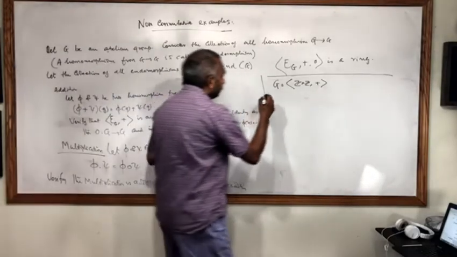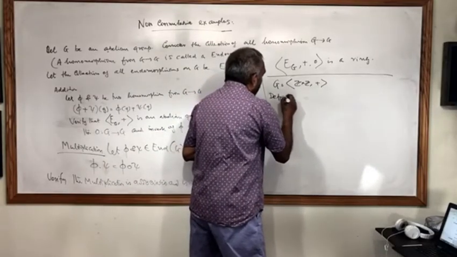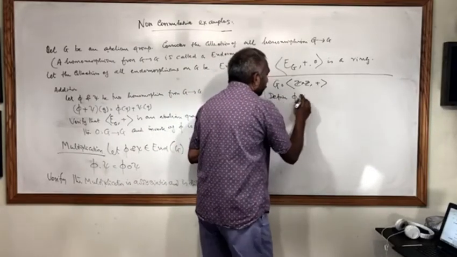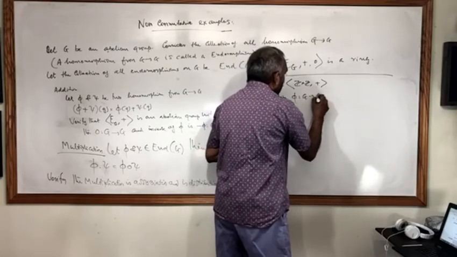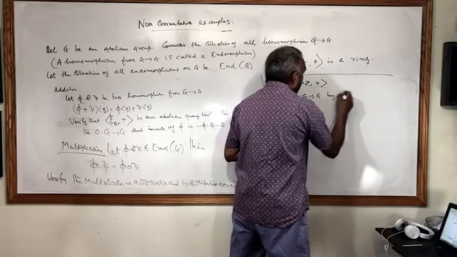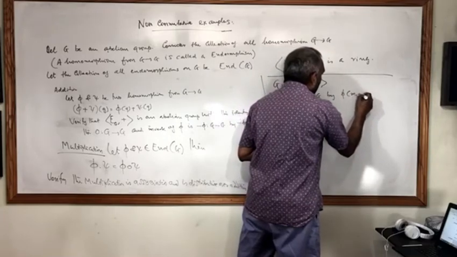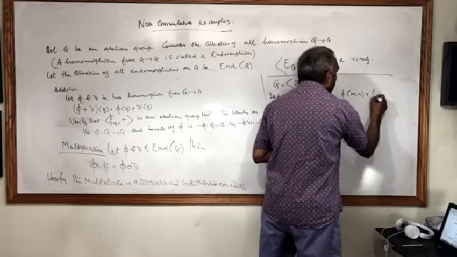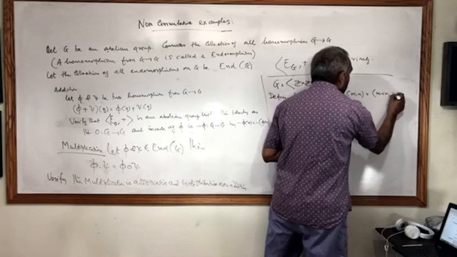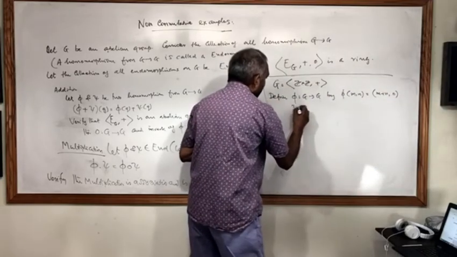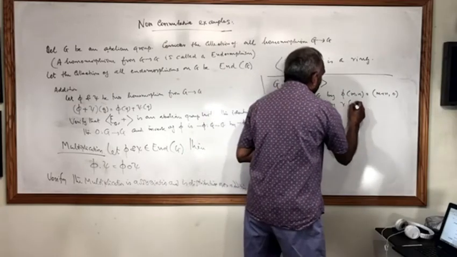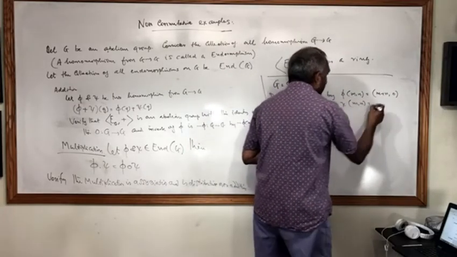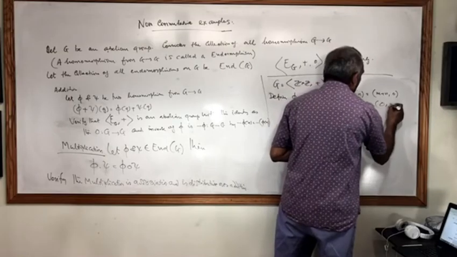So define phi from G to G by phi of (m, n) equals (m plus n, 0), and psi from G to G by psi of (m, n) equals (0, n).